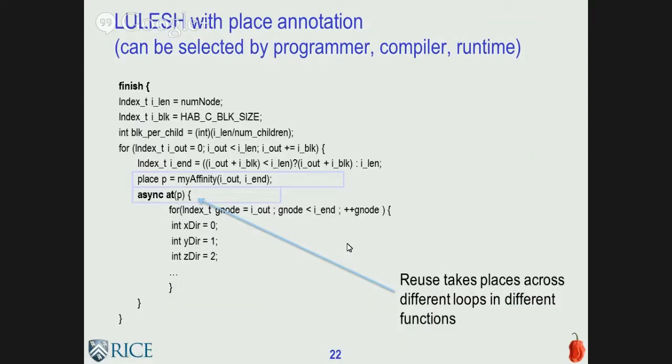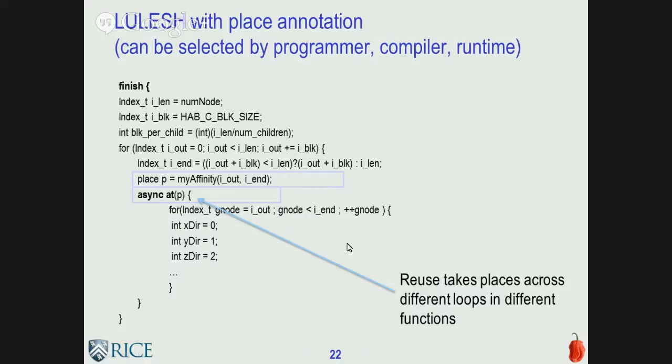Just to give you a feeling how this could be done, we've also experimented with some mini apps, including Lulesh. In Habanero C, a place is a notion where, anytime a task executes, it can capture its own place, maybe store it. Here we are assuming that the user has some function that returns a place where a tile of iterations, like I out to IN, may have been executed in an earlier call.